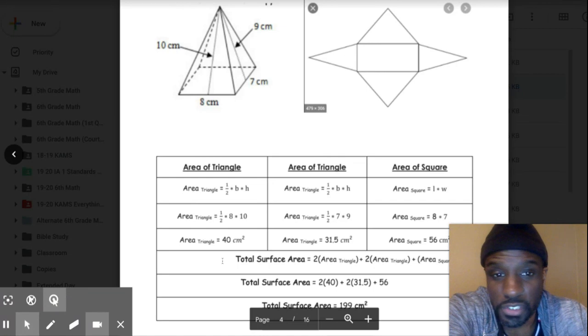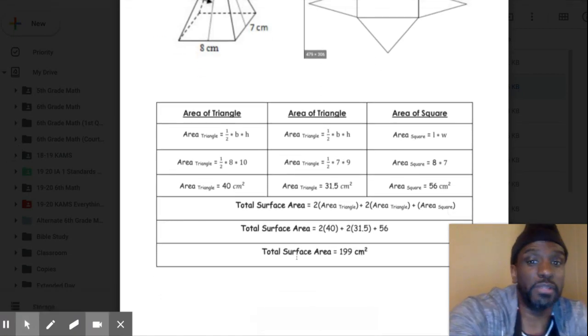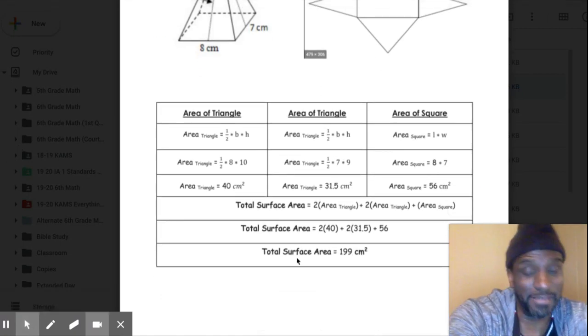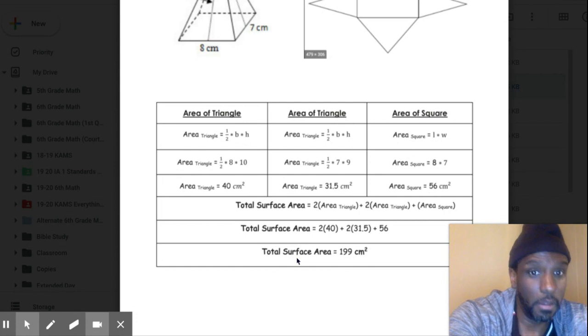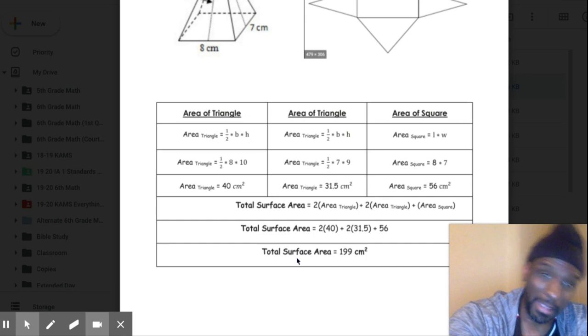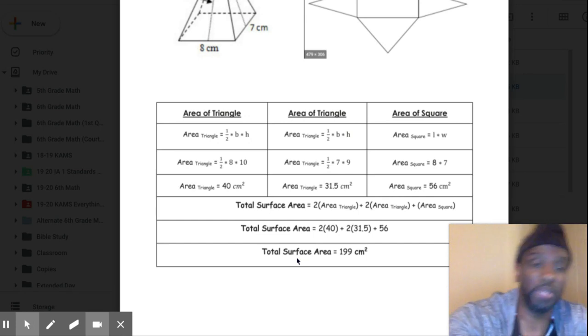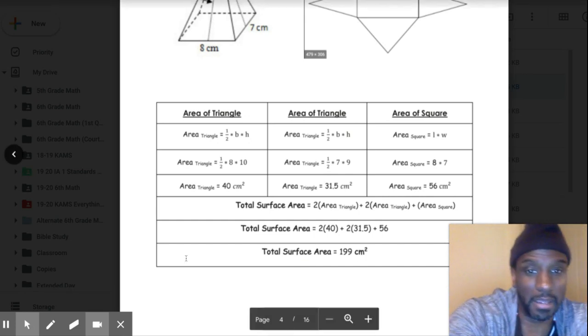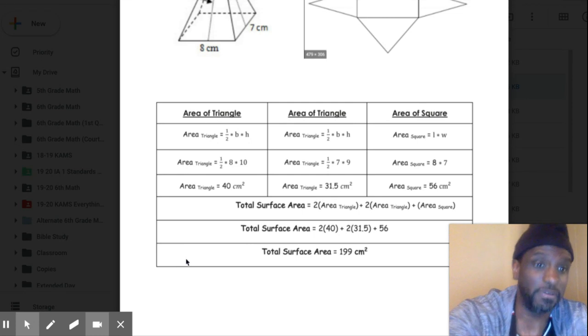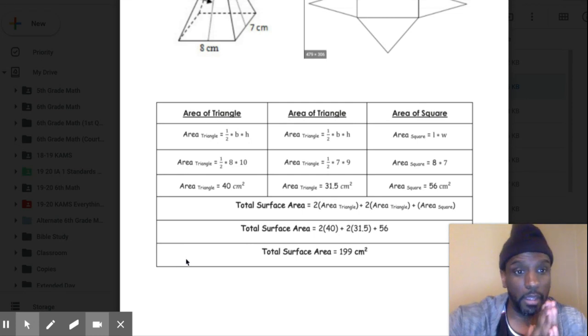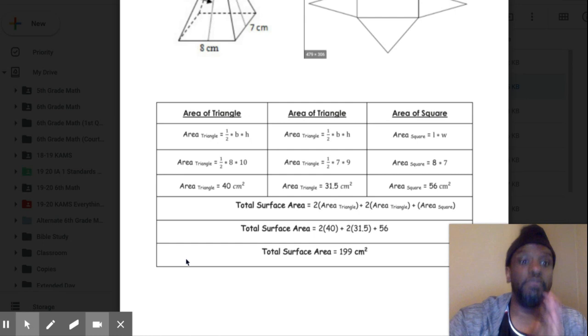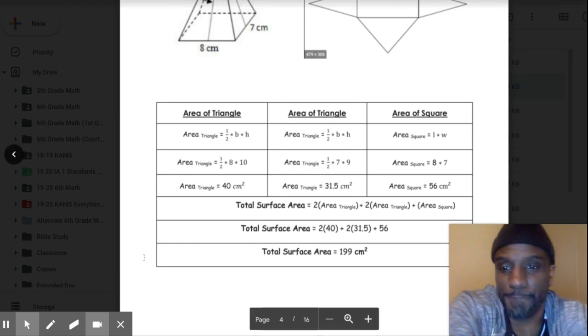Add all of those together, and you wind up with a total surface area of 199. 2 times 40 is 80. 2 times 31.5 is 63. So 80 plus 63 plus 56 will give you 199 centimeters squared. Don't forget that when you're working with area, the units are always squared. So that is good. All right.